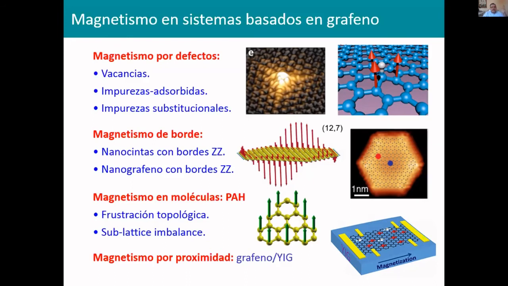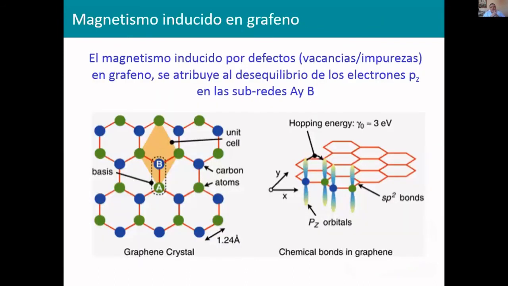So how can we explain currently this magnetism induced in graphene? The most common argument is based on the fact that graphene is a hexagonal lattice with two triangular sublattices.